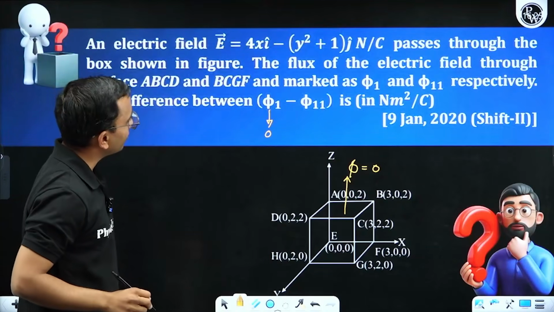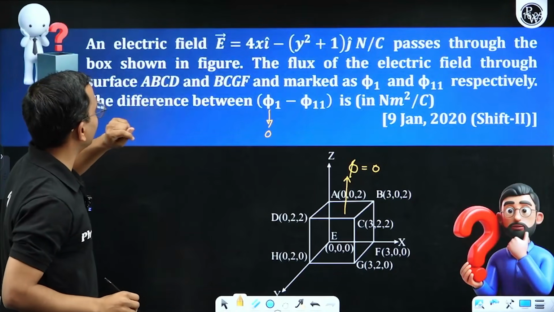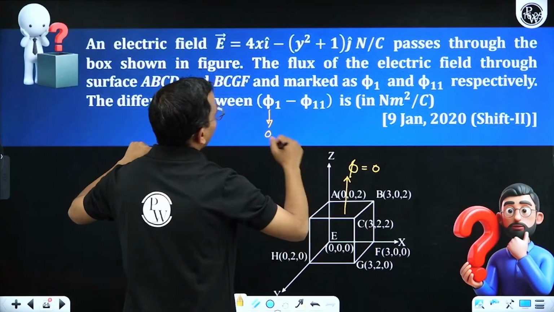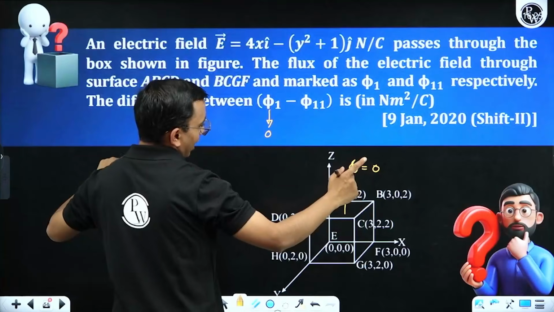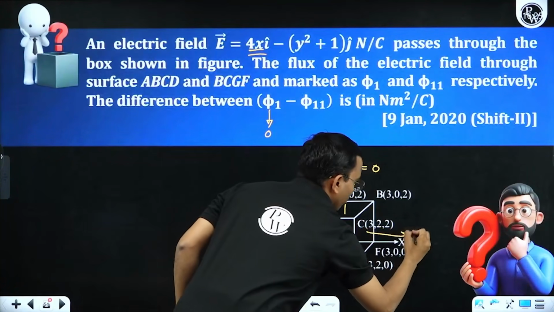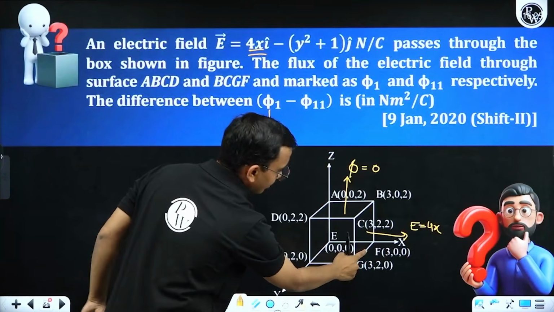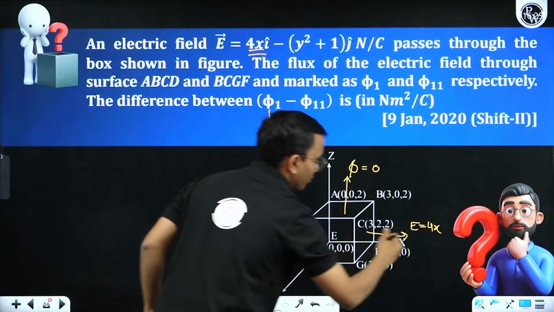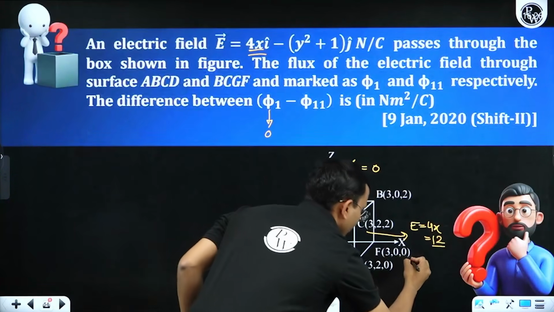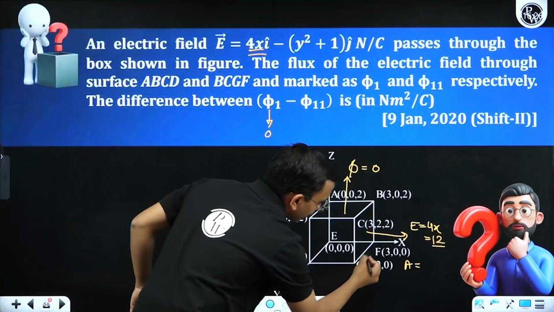Now phi2 is through BCGF. What is the electric field along the x axis? Here my electric field is 4x. X is constant. What is x there? X is 3. So electric field is 12. What is the area?